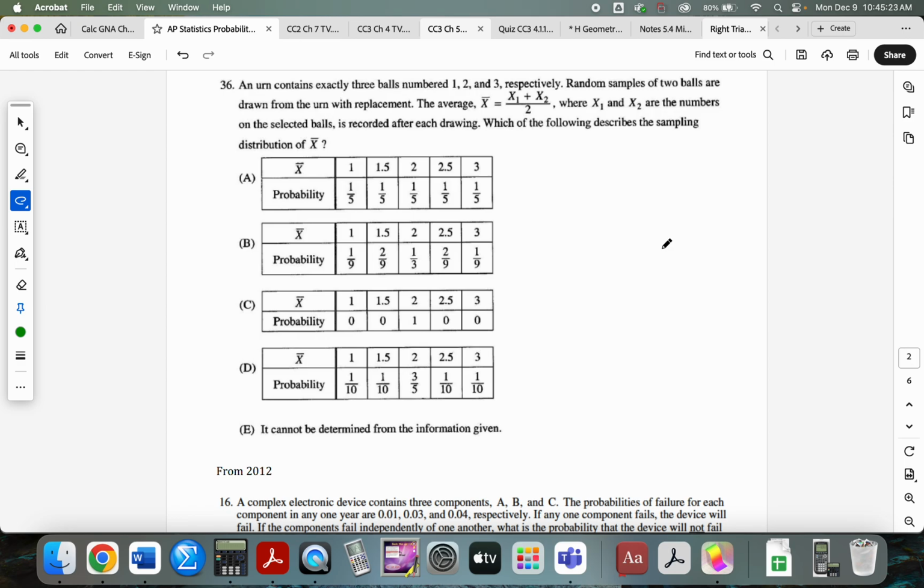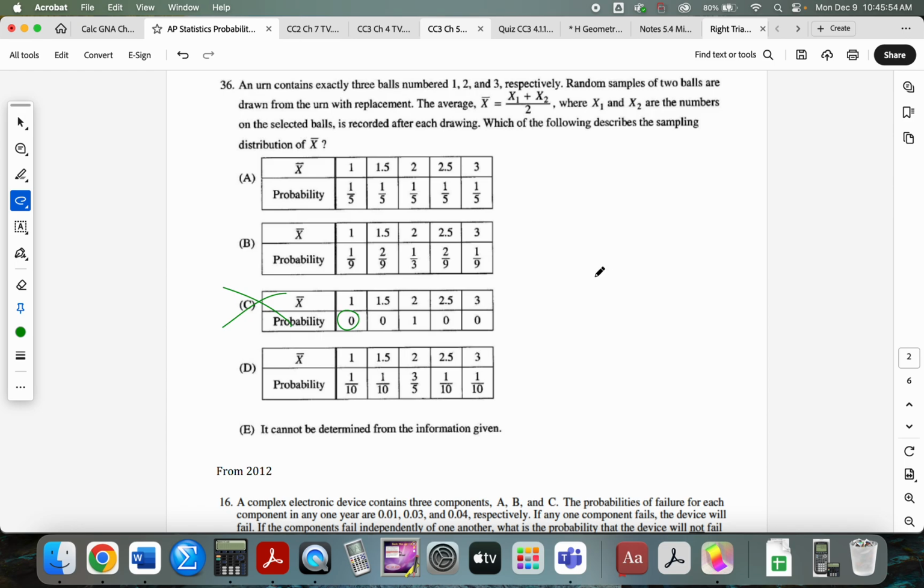There's just one, a 1 and a 1. Right? Then how many different ways are there? So I know that the numerator of this first one has to be 1. So this is gone, because it says the probability is 0. Right? But all the rest of them, the numerator was 1.